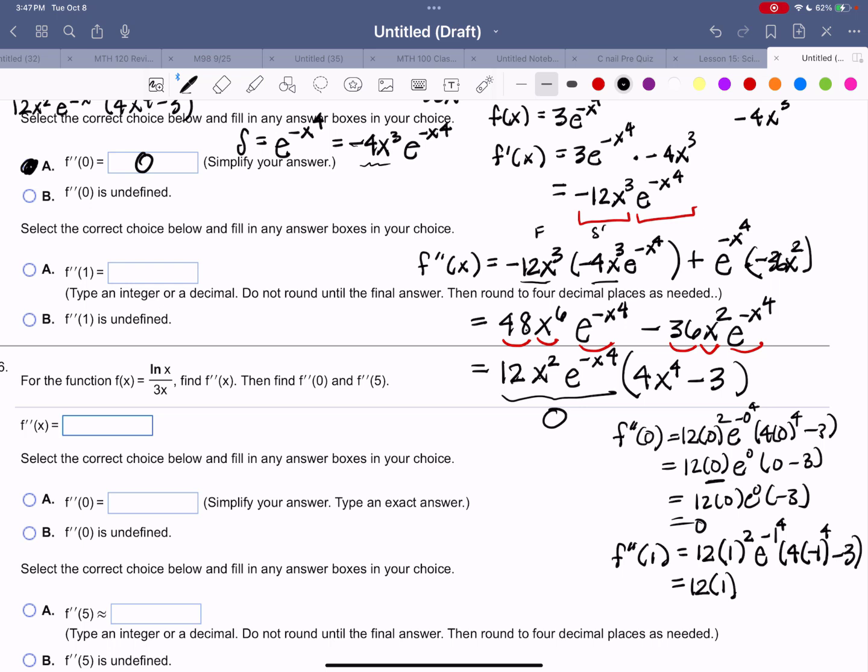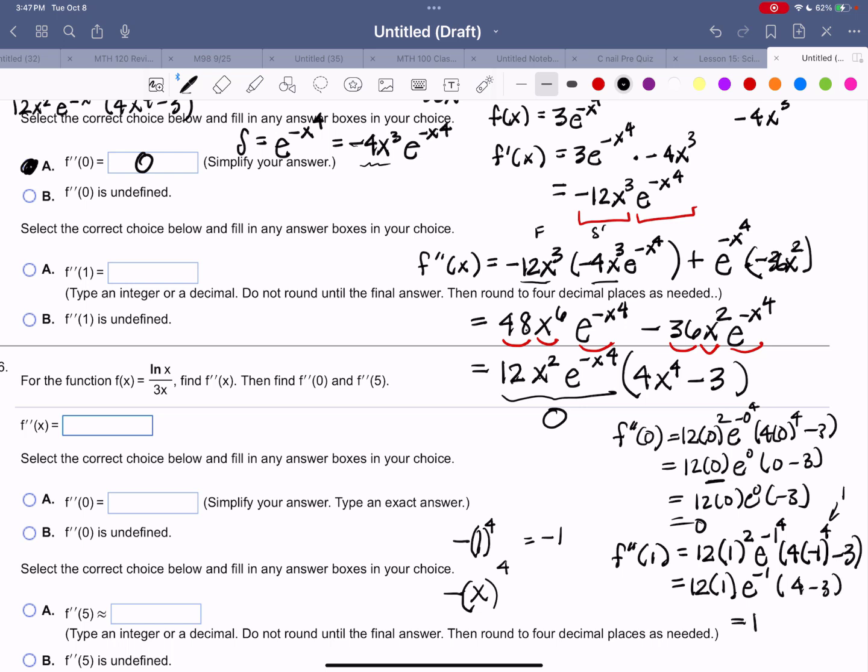That's a 1. Now, this is tricky. Negative 1 to the fourth. Because, look, it's opposite of x to the fourth. And you put parentheses just where the x is. Okay? So, the 1 goes in just here. That's going to be negative 1. And I know that's going to be the one that a lot of folks miss, so you got to be careful. Now, this is going to be just positive 1, so that's going to be a 4 minus 3.